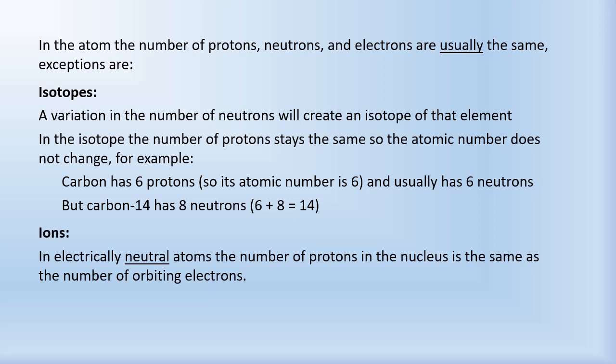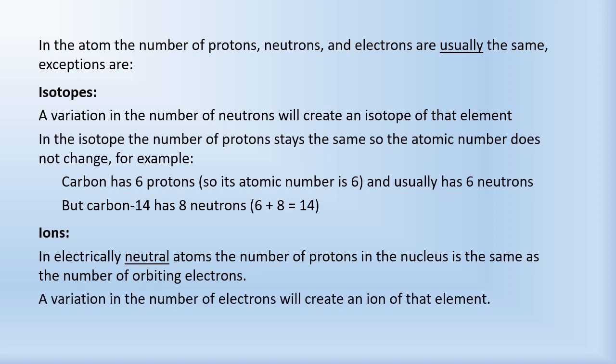Ions, here the variation is in the number of electrons. So in electrically neutral atoms, the number of protons in the nucleus, as we said, is the same as the number of orbiting electrons. But if you have a variation in the number of electrons, it will create an ion of that element.